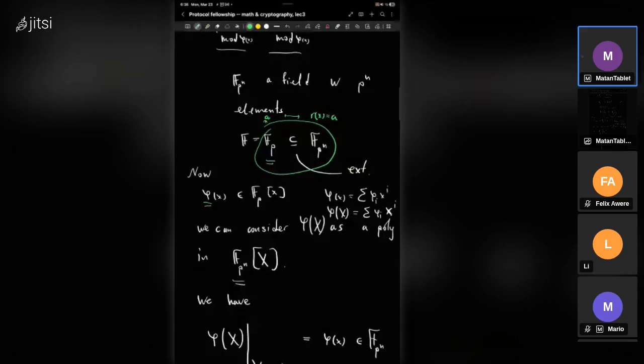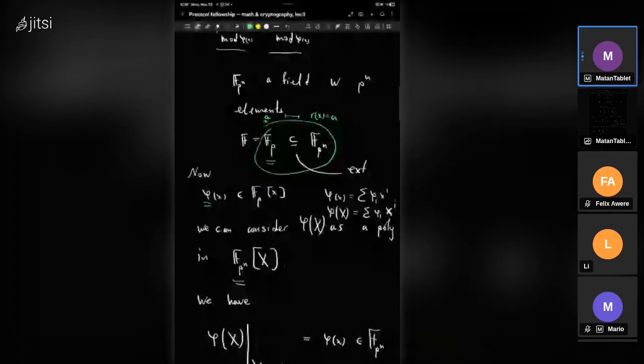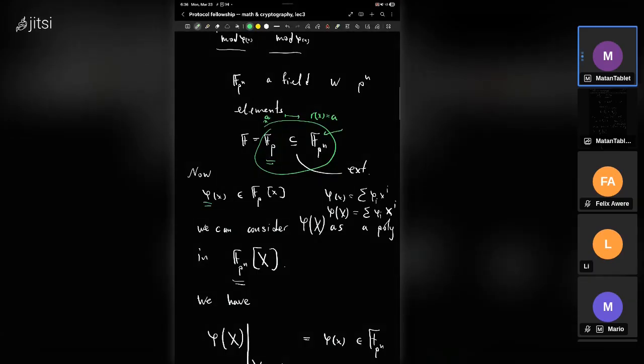Now, to disambiguate, I write phi with a variable big X instead of small x, because in the definition of elements of Fp to the n, we use small x. You follow? Okay, so now I have a new polynomial.